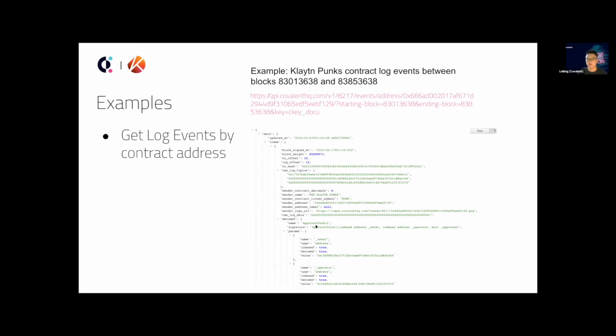And it will basically return you all the log events within that smart contract. So it's really, really data rich. And your job as a developer would be to, of course, filter that data to see what you need, and then to display on a website or do something with it. And here in this particular endpoint, you need to specify the starting block and ending block. I took two arbitrary starting and ending blocks for this case.